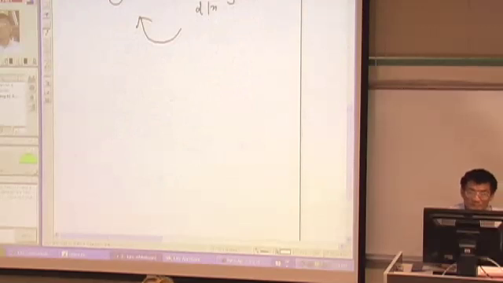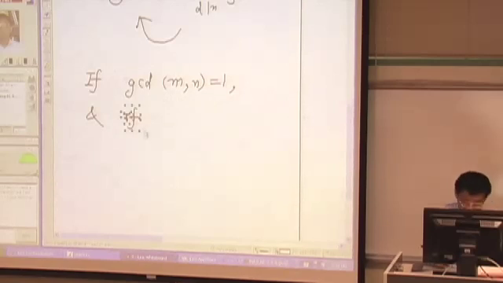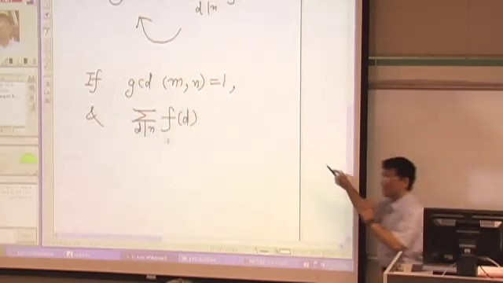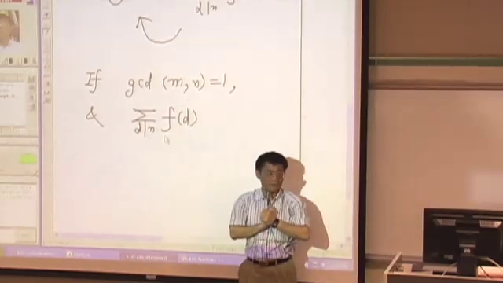So, if the GCD of m and n is equal to 1, and if this is also multiplicative, right? Not just the function here, this whole sum is multiplicative.